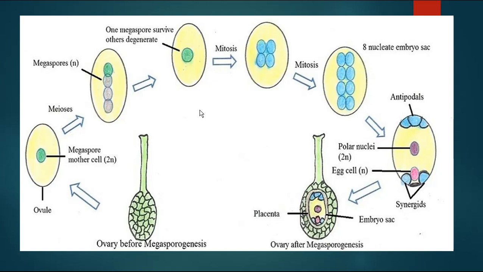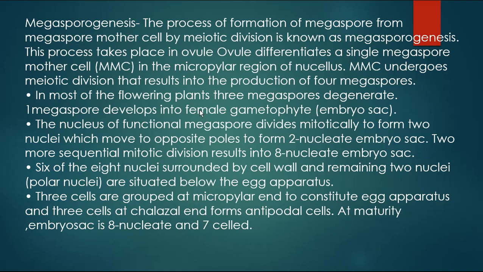Let us study the formation of embryo sac in a little more detail. The nucleus of the functional megaspore divides mitotically to form 2 nuclei, which move to the opposite poles, forming the 2 nucleate embryo sac. The 2 more sequential mitotic nuclear divisions result in the formation of the 4 nucleate and later the 8 nucleate stages of the embryo sac.